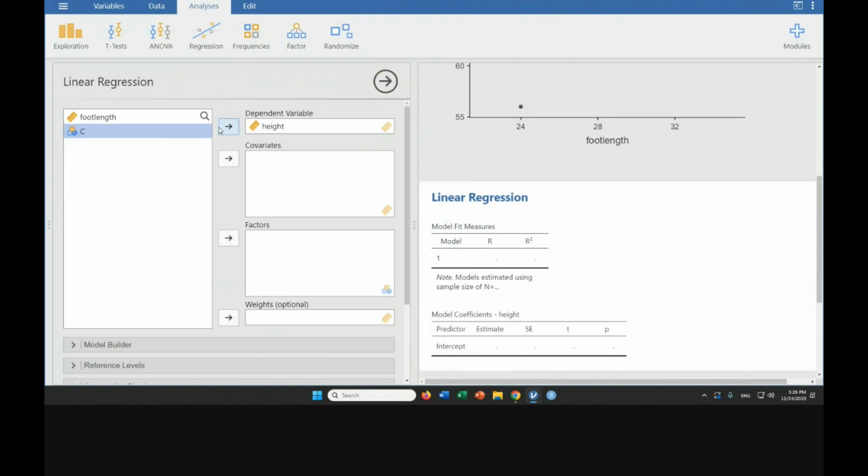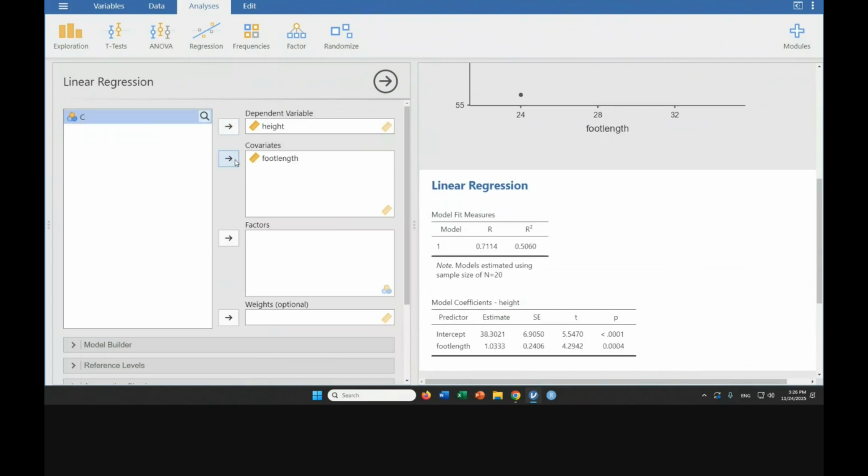Now, go to the covariate box. Covariates is the explanatory variable. I'm sorry, there are these terms to know. You must know this. Covariate stands for the explanatory variable in our context. So foot length will be pushed into the covariate slot. Did you see that?